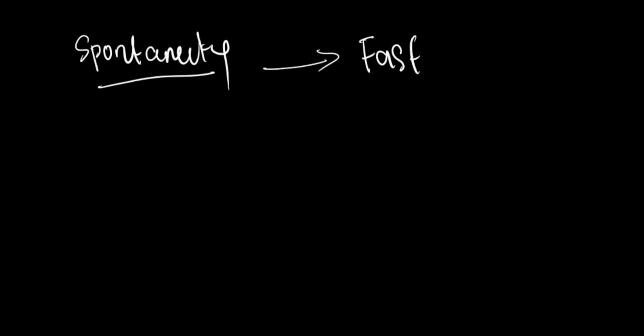Okay, so a reaction could proceed spontaneously. However, it could be a very slow reaction. Take, for example, the radioactive decay of uranium. So we have uranium-238. Now, the spontaneous radioactive decay of uranium, of course, is a spontaneous reaction. It proceeds without any form of energy input.